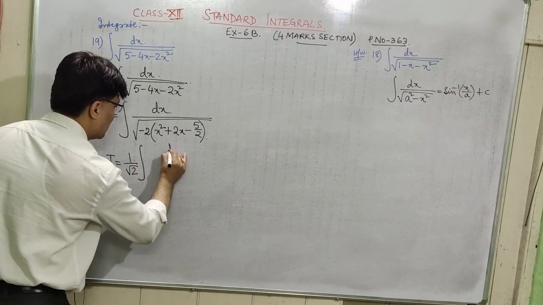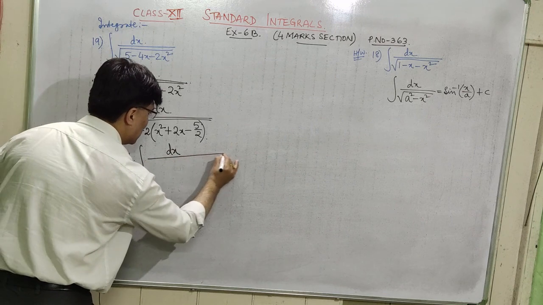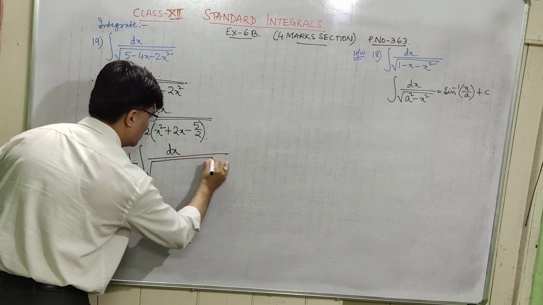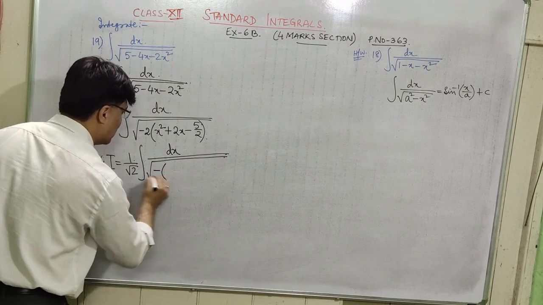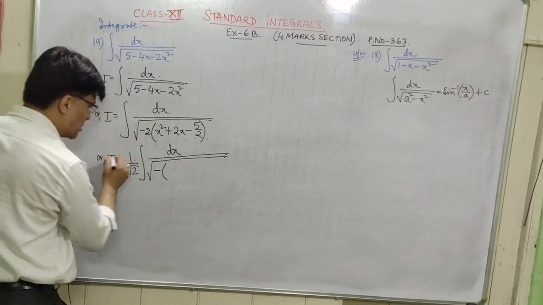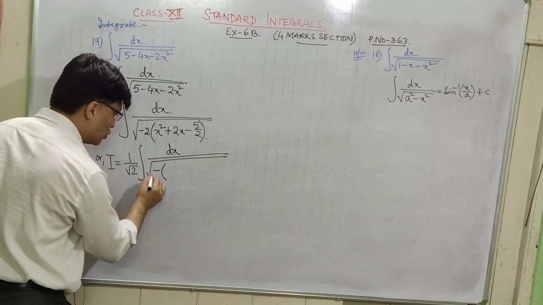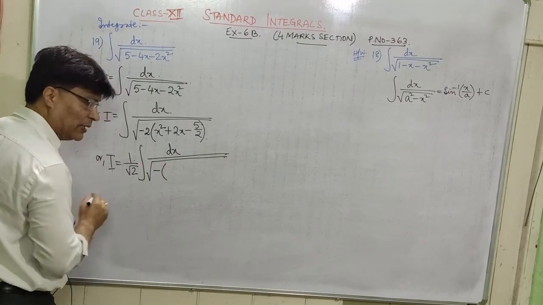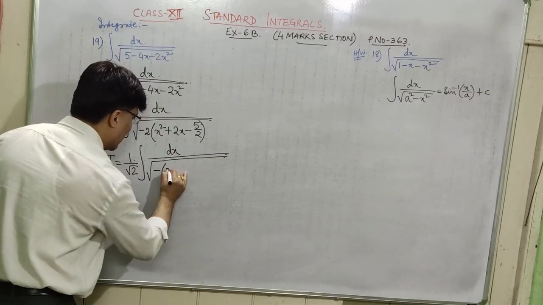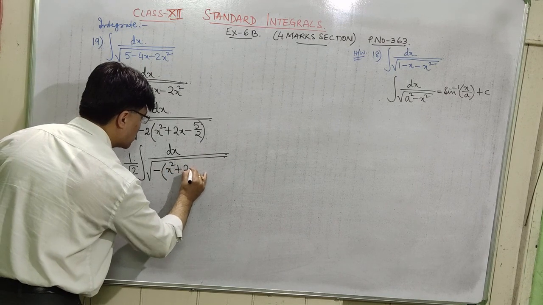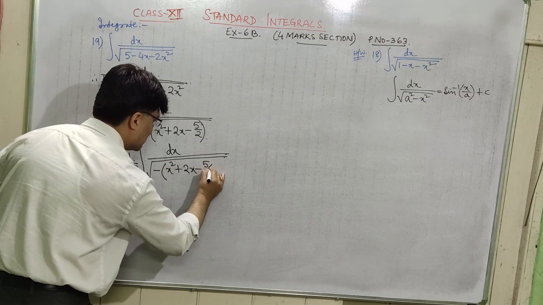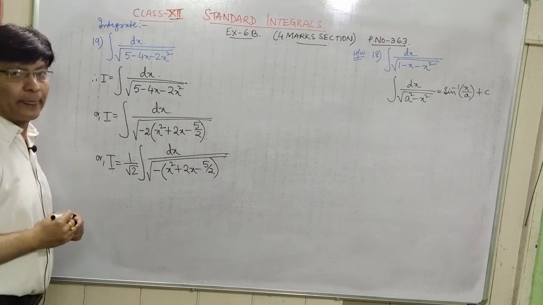So integration of dx divided by within square root. Now it is minus within bracket. So already this 2 is taken outside, that is 1 by root 2. Okay, so the minus sign is here only, root over minus, let us keep it here only. So minus within bracket, what do we have? x square plus 2x minus 5 by 2.